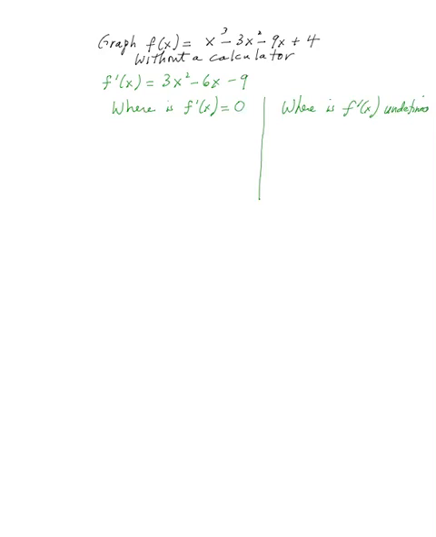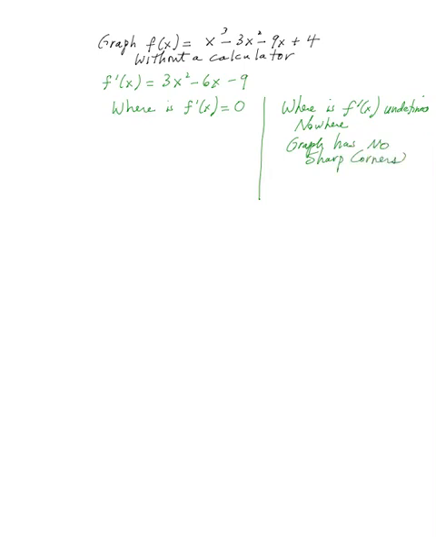I can put in any real number and get out a real number. I don't have division by 0. So where is f prime of x undefined? It's undefined nowhere, because it's defined everywhere. So this tells me the graph has no sharp corners.